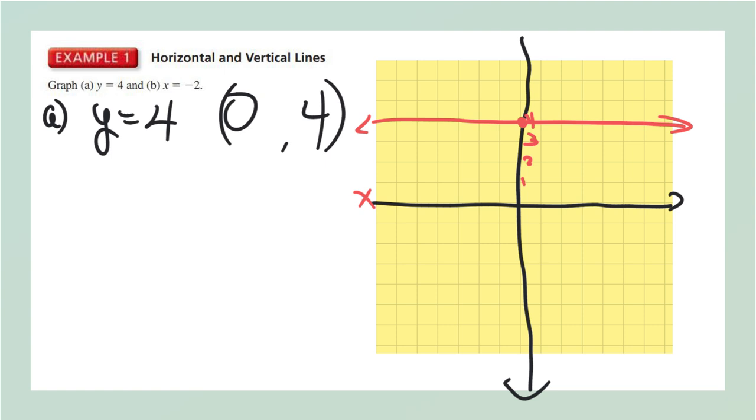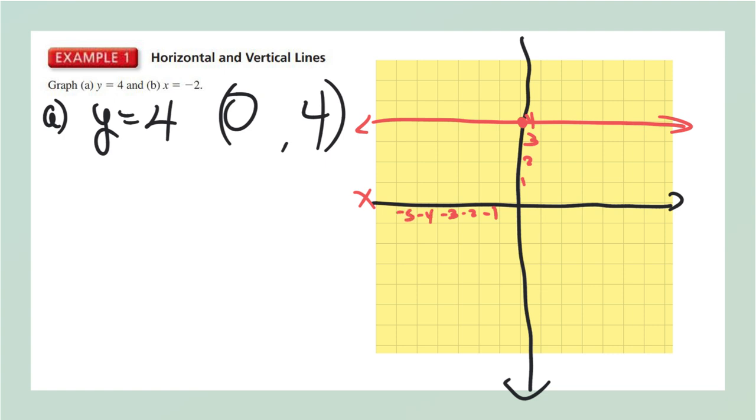Who can give me an example of any other point there besides (0, 4)? Pick a positive or negative. This is -1, -2, -3, -4, -5.